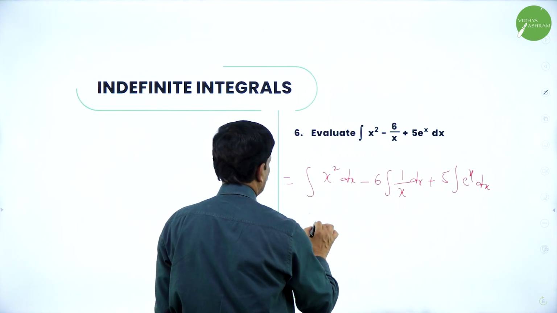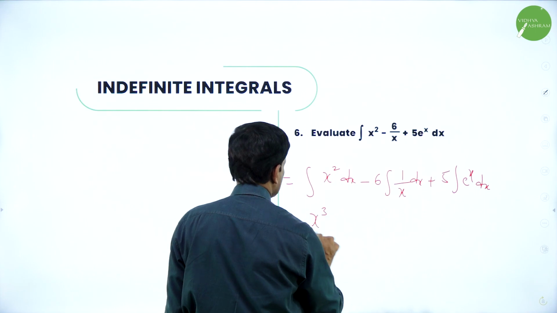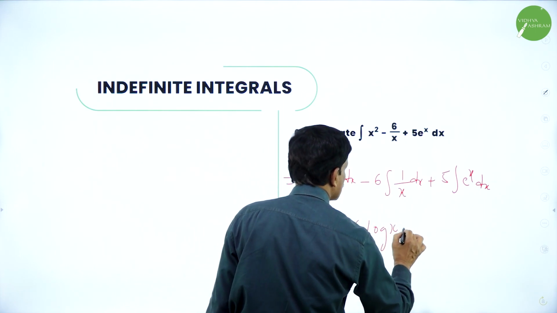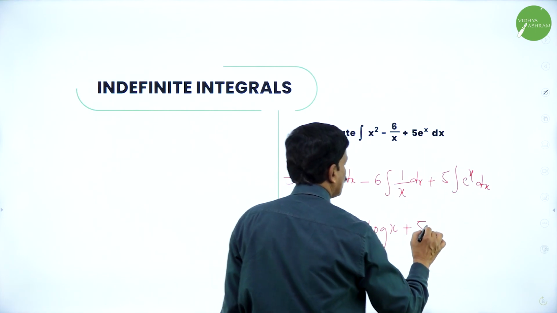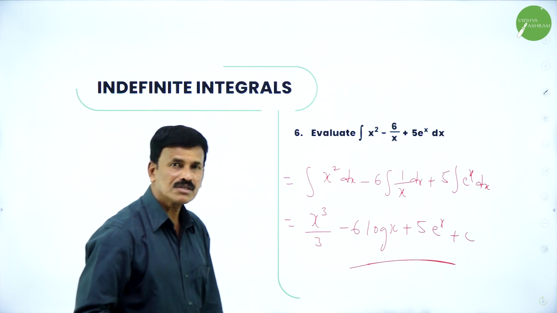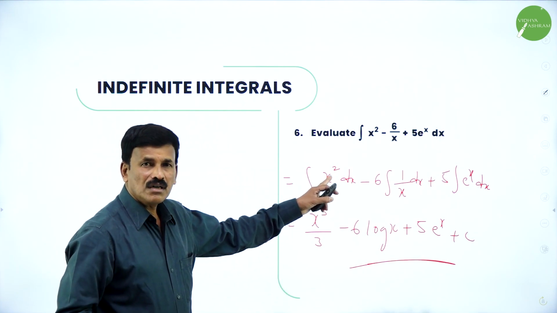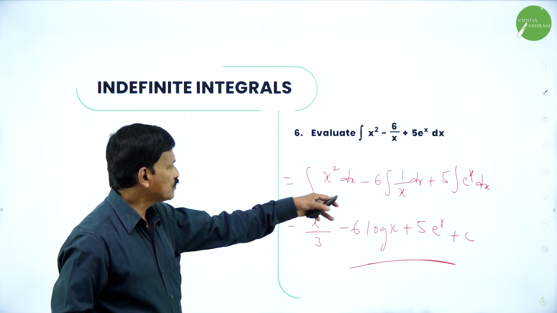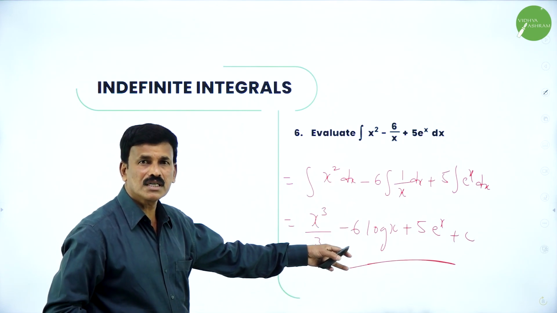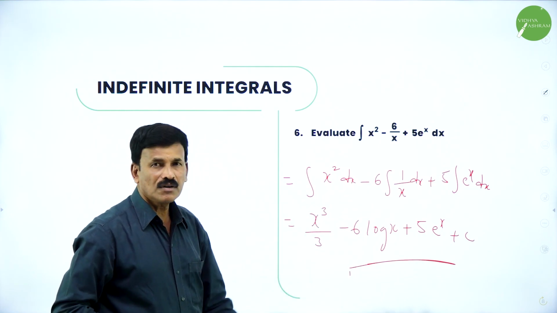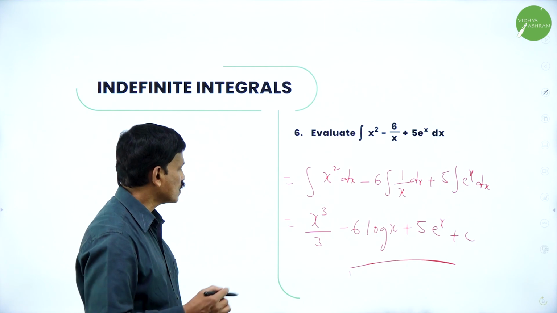So integral of x to the power of 2 is 2 plus 1 is 3 by 3. 6 into integration of 1 over x is log x plus 5 into integral of e to the power of x is e to the power of x plus c is the integrated answer. So integral of x square is x cube by 3, 2 plus 1 is 3 by 3, minus 6 into integration of 1 over x is log x, because differentiation of log x is 1 over x, plus 5 into integral of e power x is e power x itself, right?